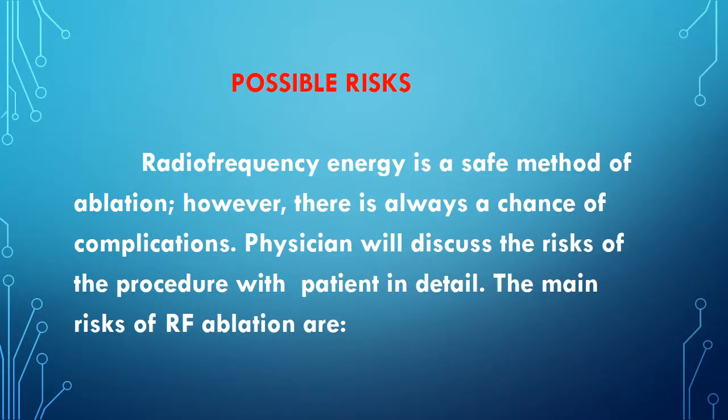Possible risks. Radiofrequency energy is a safe method of ablation, however there is always a chance of complications, and the physician will discuss the risks of the procedure with the patient in detail.